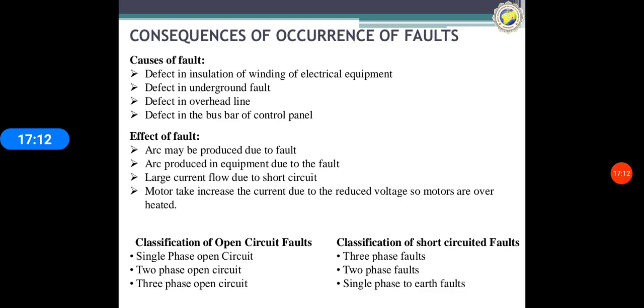Basically the faults are divided into two main classifications, the open circuit fault and short circuit fault. Open circuit faults have three types: single phase open circuit, two phase open circuit, and three phase open circuit faults. Similarly, short circuit faults are three phase fault, two phase fault, and single phase to earth fault.